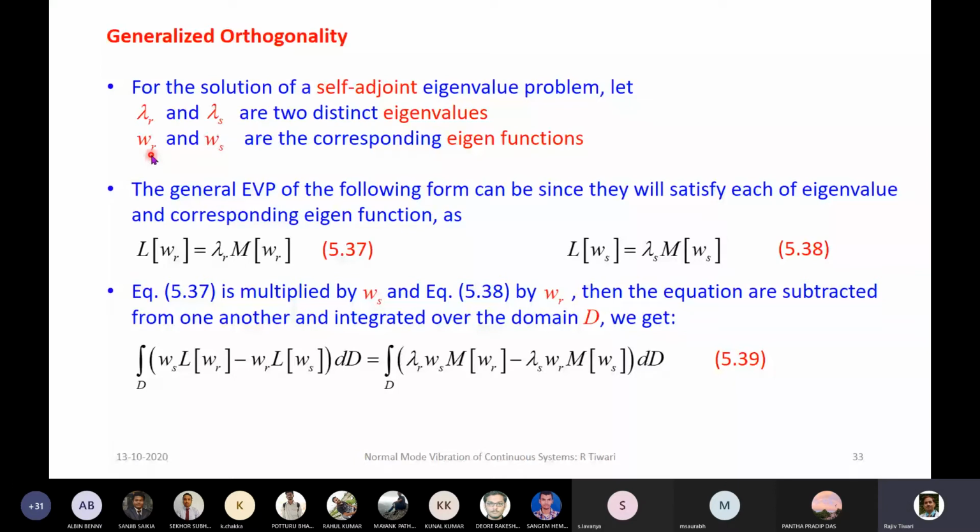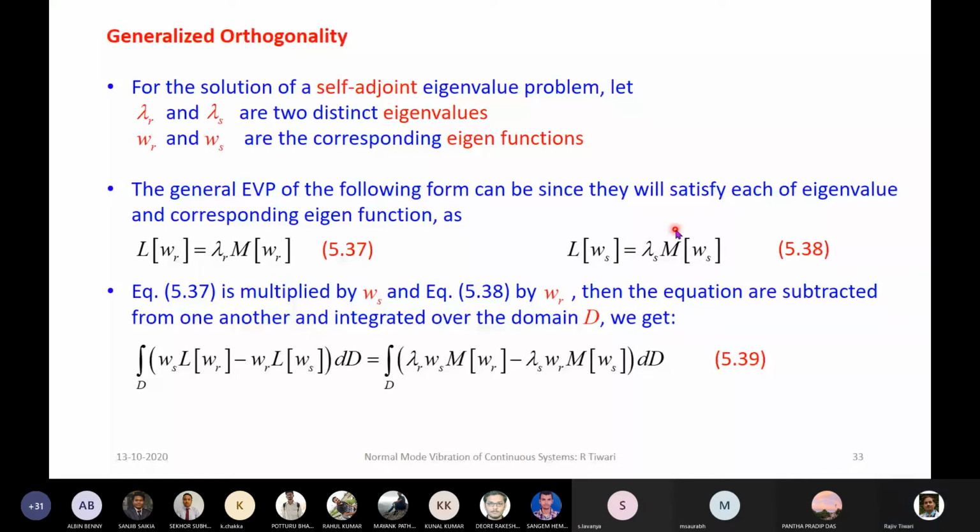So this is for the rth eigenvalue we have substituted. It should satisfy the equation because WR and WS are the exact eigenfunctions which have been obtained from the eigenvalue problem. So this is for the rth and this is for the sth eigenvalue and the eigenfunction.